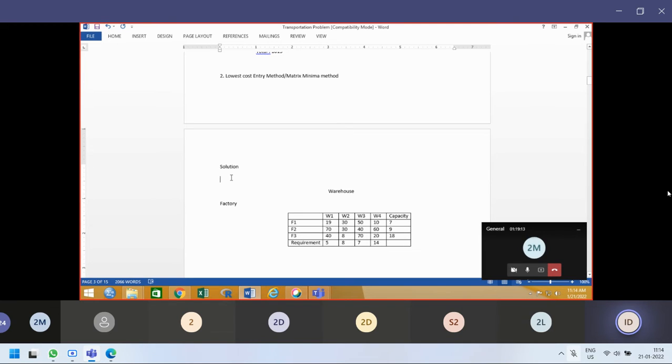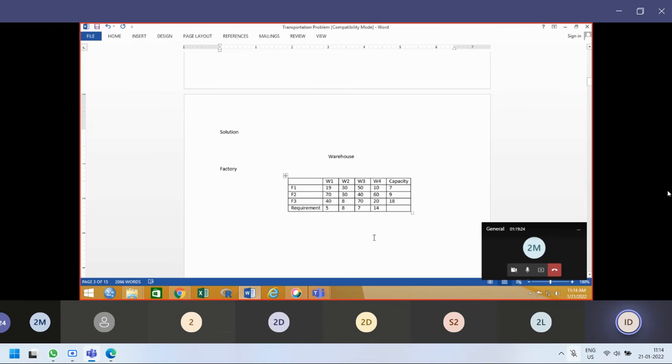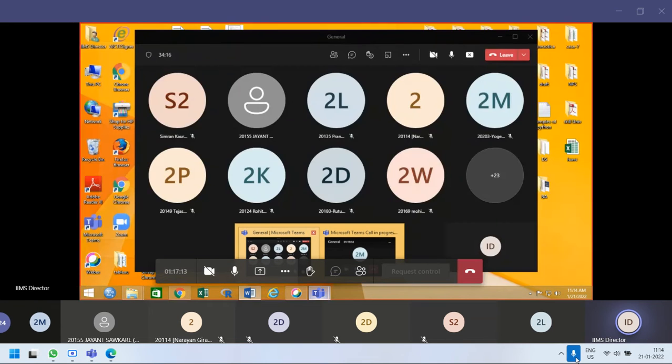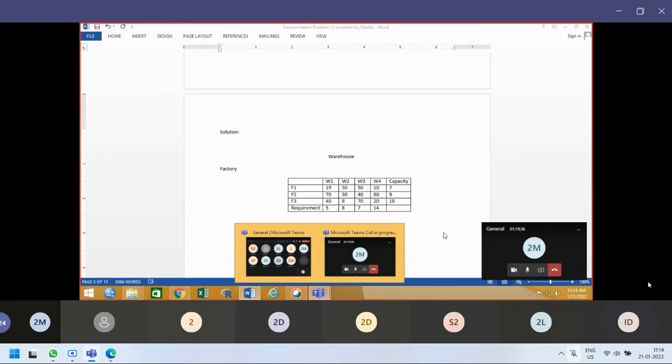What is the first constraint? The summation of ai is equal to summation of bj. Yes, it is there, because we are continuing the same problem. It is a balanced problem. Now we'll start the solution. Are you with me? Shall I start or wait? Yes, sir. Okay.